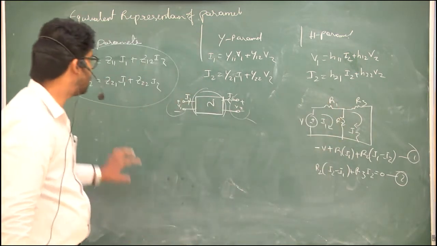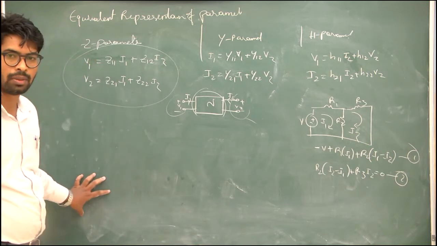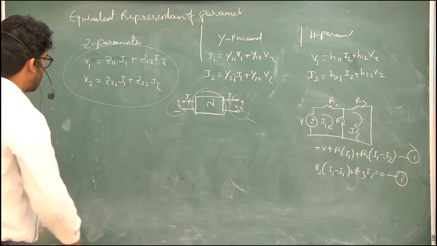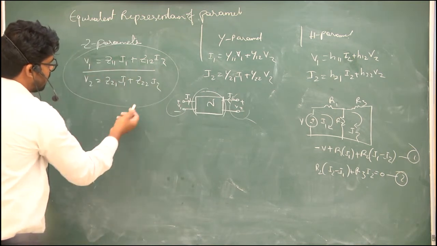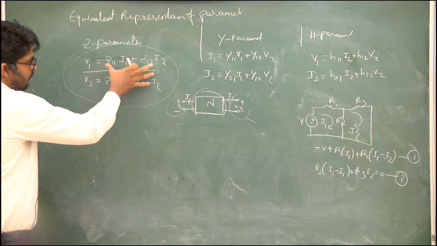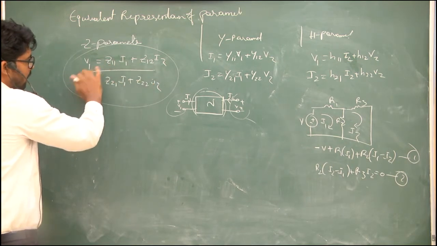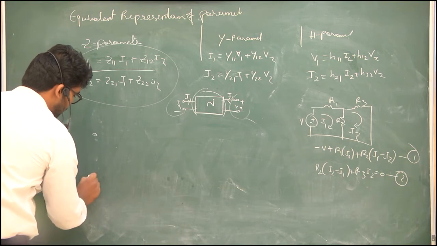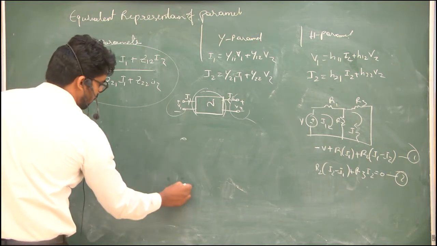Now I again have two equations, and I need a circuit to represent them in a two-port form. How will we represent this? Let us assume this is KVL, voltage is equal to current times impedance. To satisfy these equations, I represent two ports here.